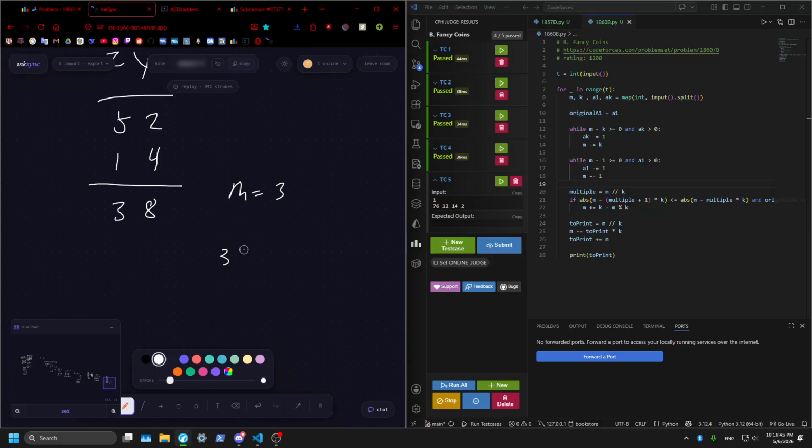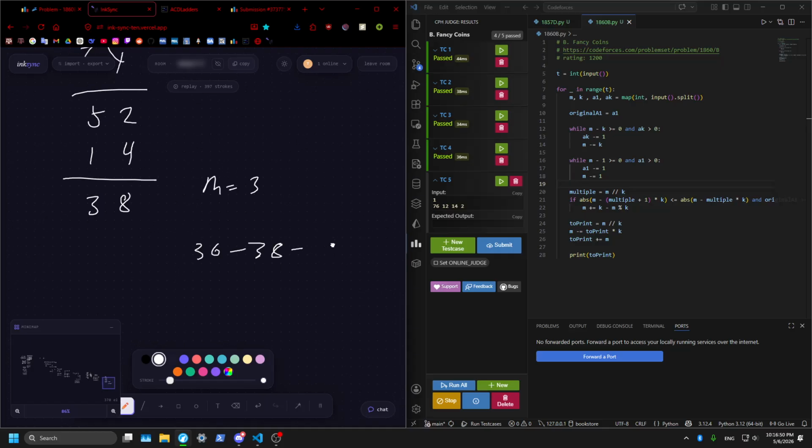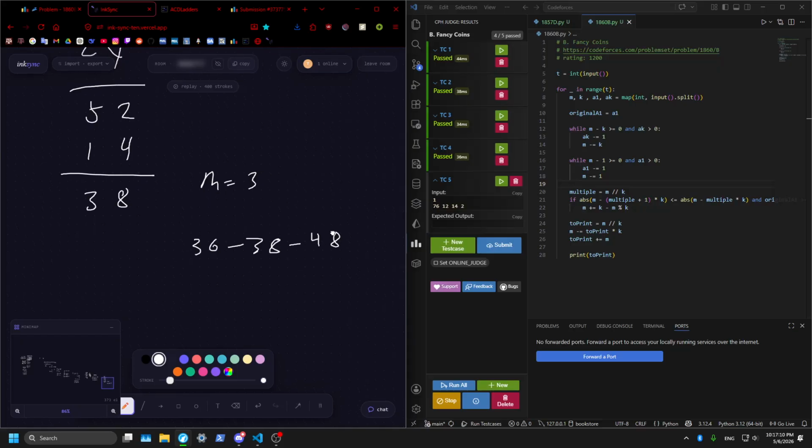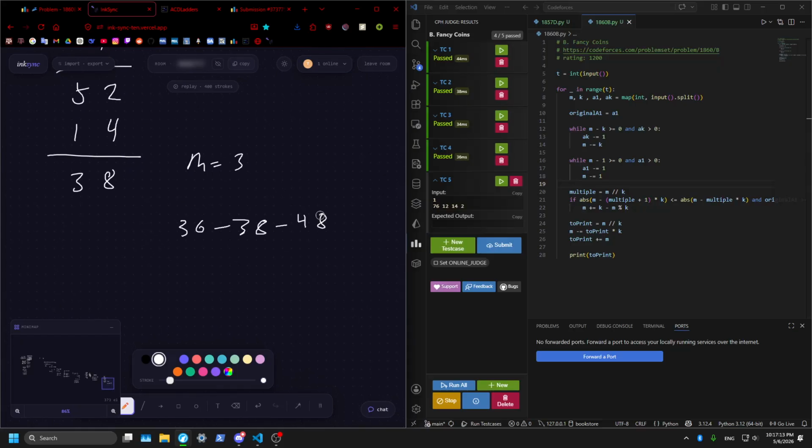So from 36, 38, 48. Okay, so this condition is absolutely BS.